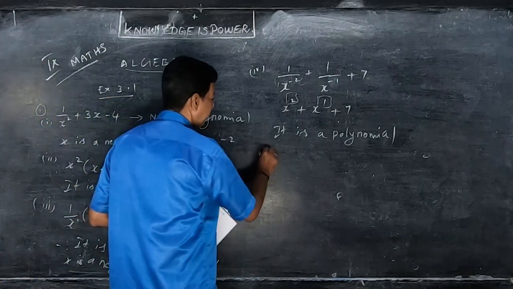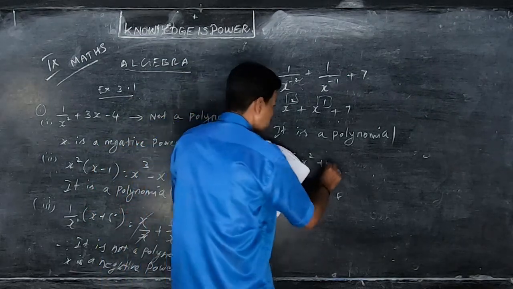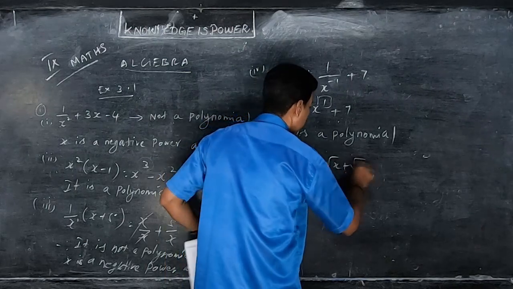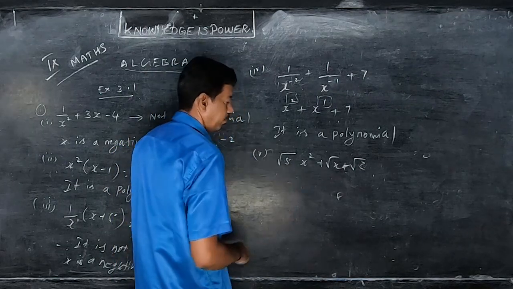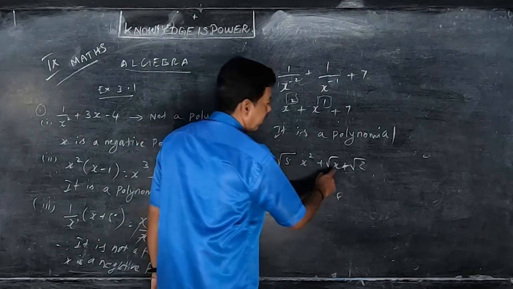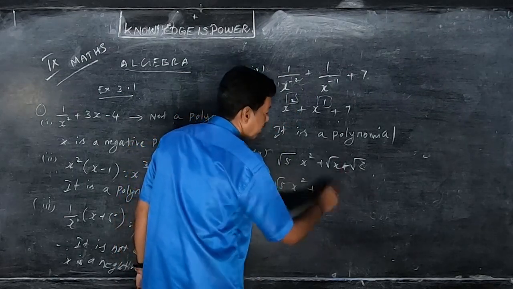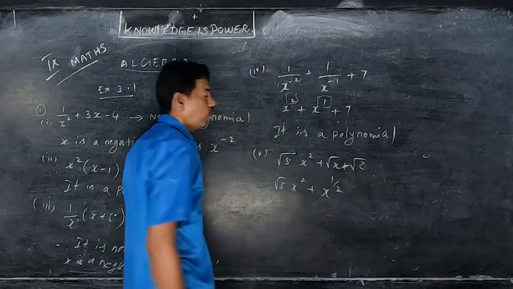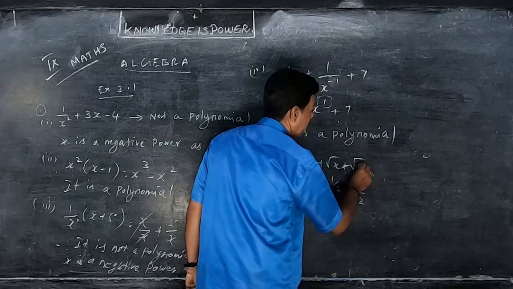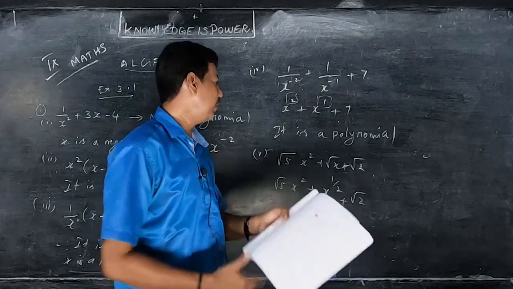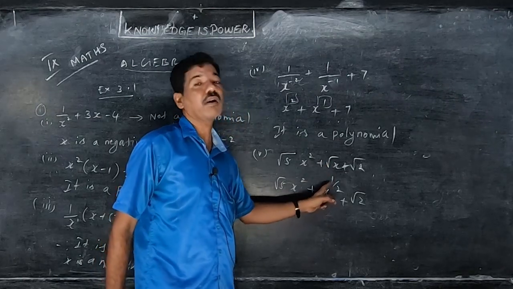Like that, Roman letter 5. So what is given? Root 5 x square plus root 3 x plus root 2. This is x square. But here you have to write root x as x to the power of half. You have to convert it, then only can you know whether it is a polynomial or not. Root x can be written like this, x to the power of 1 by 2.